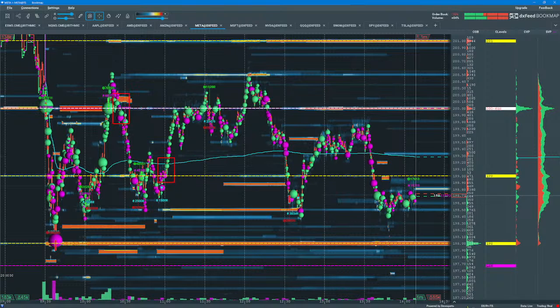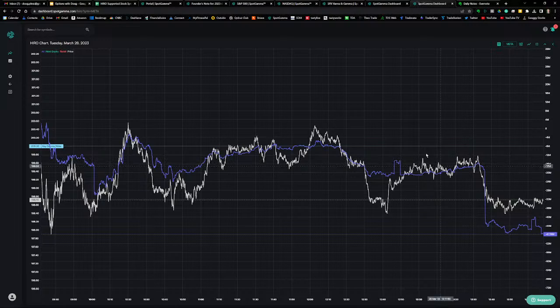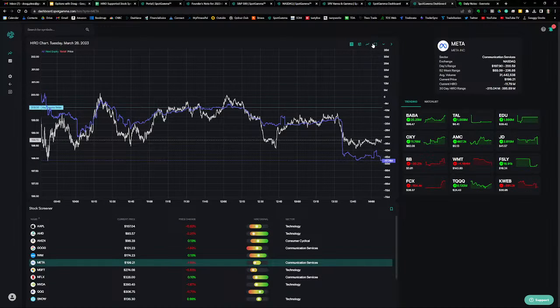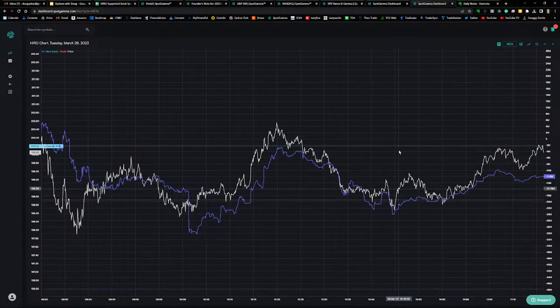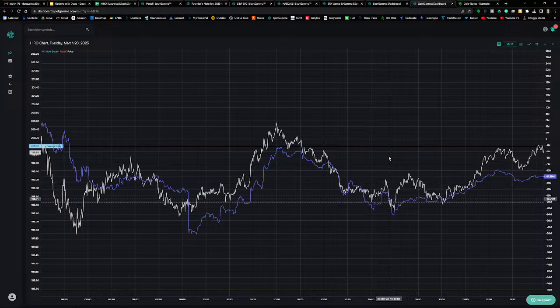Let's go back and take a look at Hero. Let's zoom in on Hero. Remember yesterday I talked about a divergent setup in Meta and really didn't see anything as clean today. More just confirmation.